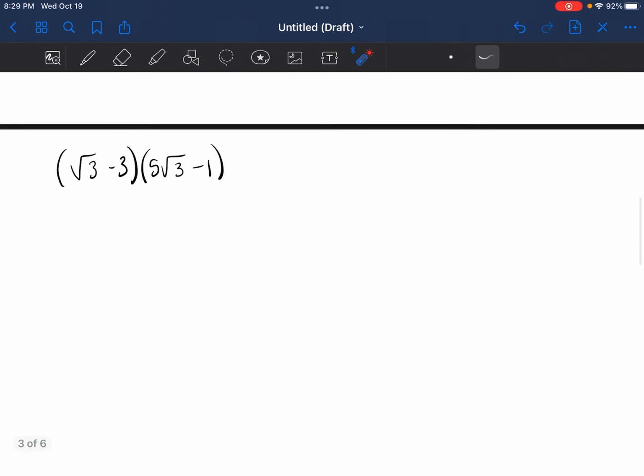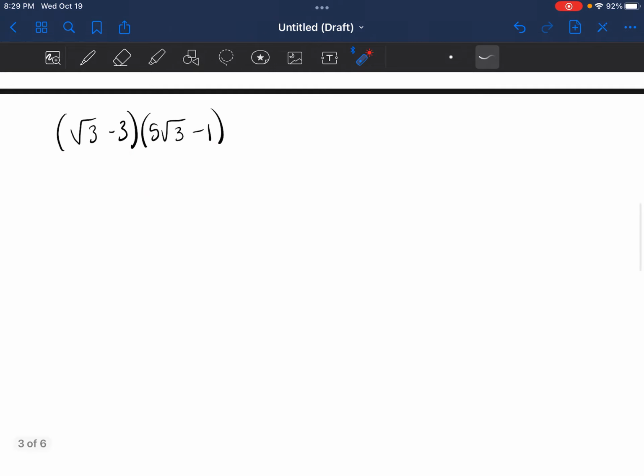So now what happens if I have a problem like this, where I have a binomial times a binomial? We'll keep bringing it back to that knowledge you have about variables and polynomials, because again, a lot of the same rules and strategies you use there will help you here.